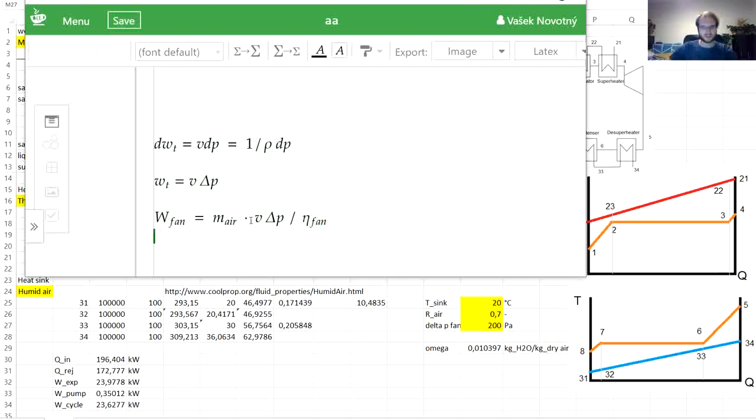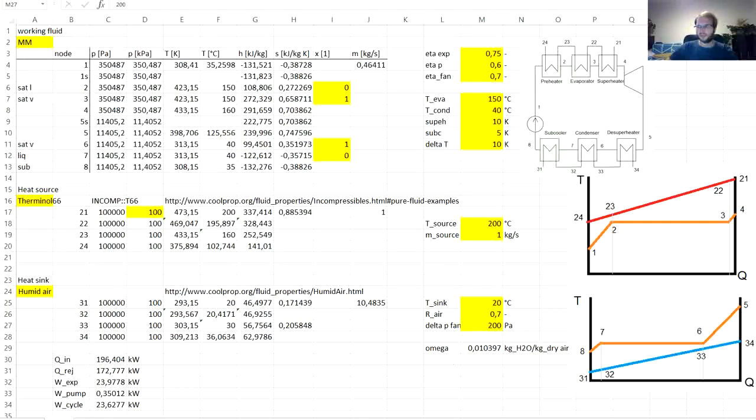Alright, so now we just need to get the unit volume so that we can calculate the work input for the fan. So let's put the unit volume in here. It would be the volume at the point 34.